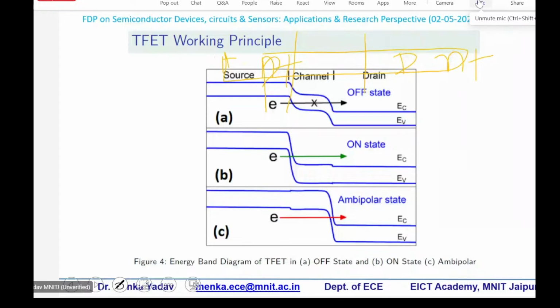So source, drain, and gate, these are the three things over here. Since the source is P type, in the steady state conditions, as I told you yesterday, the source is degenerately doped.